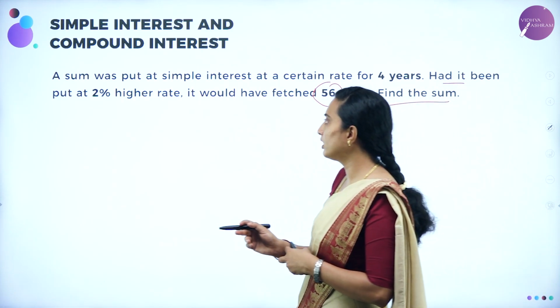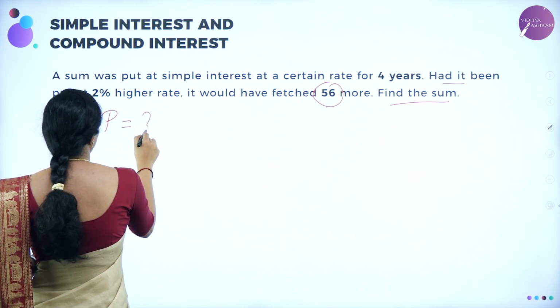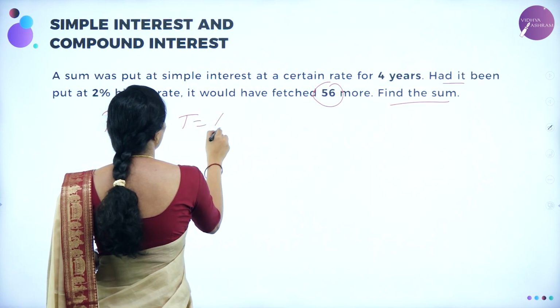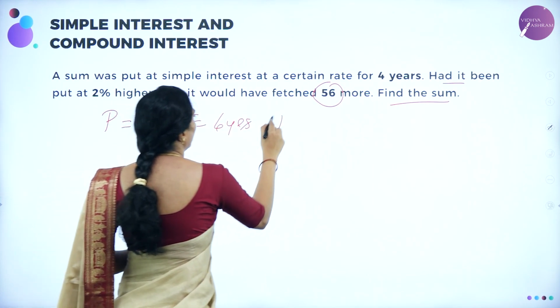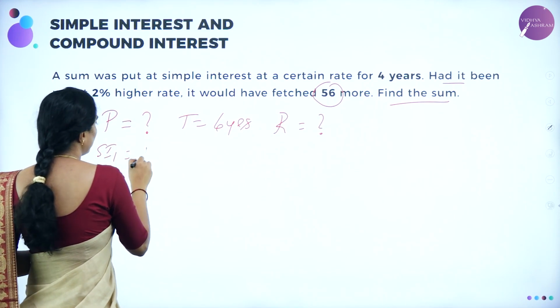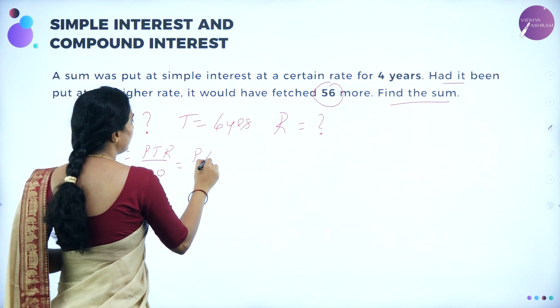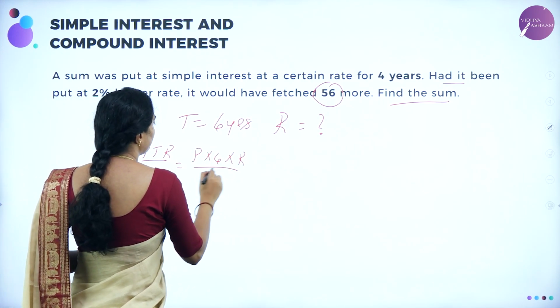So here, what they have asked, we don't know: P is a question mark, T is nothing but 4 years they have given, and R is also a question mark. So simple interest 1 is nothing but PTR divided by 100, so P into 4 into R divided by 100.